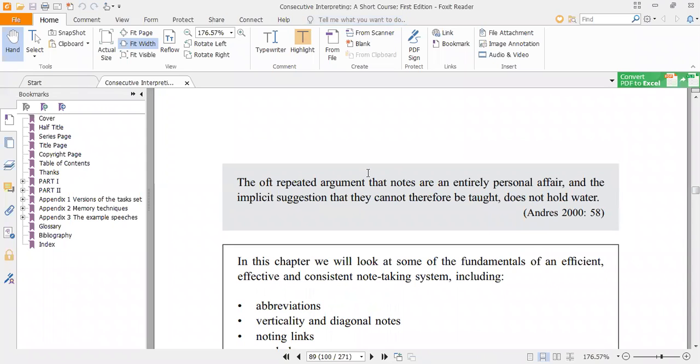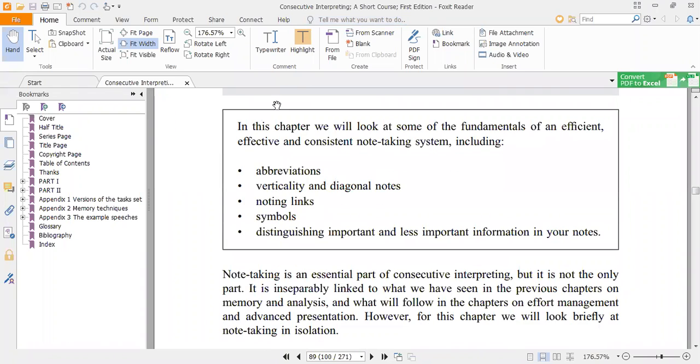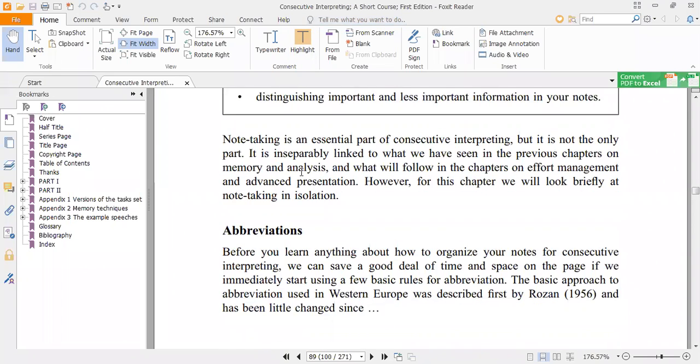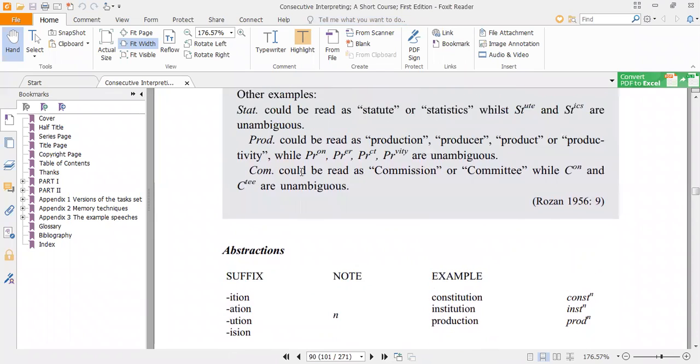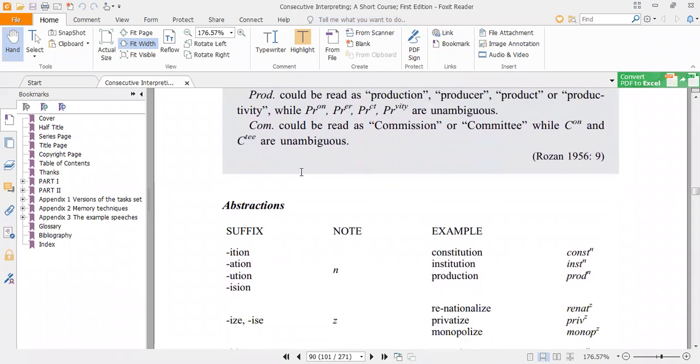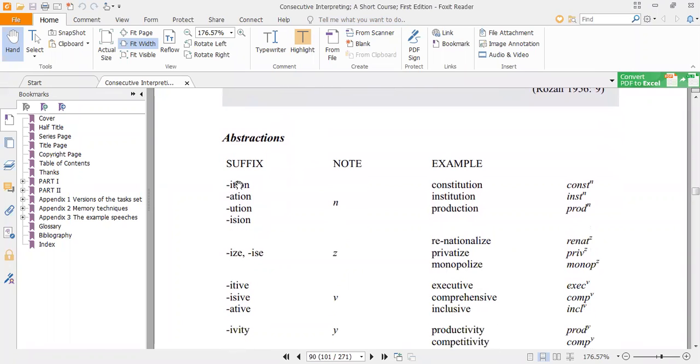Actually, last lecture we talked about note taking, and we said that the first note taking technique is writing abbreviations of the same word. We talked about several rules of note taking. For example, any word which ends with "-tion", we can take the first four letters as the abbreviated form, then write "n" above.